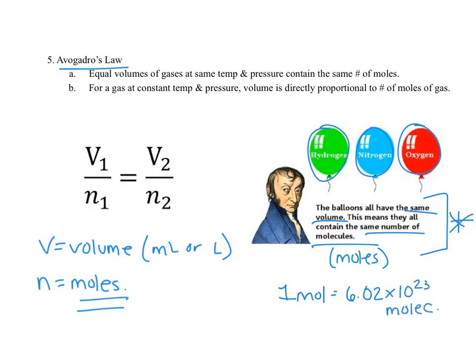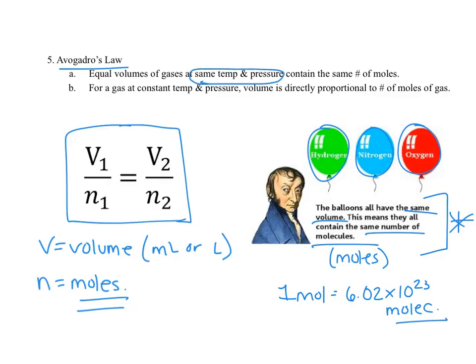So if you have the same number of molecules, you also have the same number of moles. So you can use this equation to figure out that relationship, but you're going to have temperature and pressure stay constant in order to use this equation.